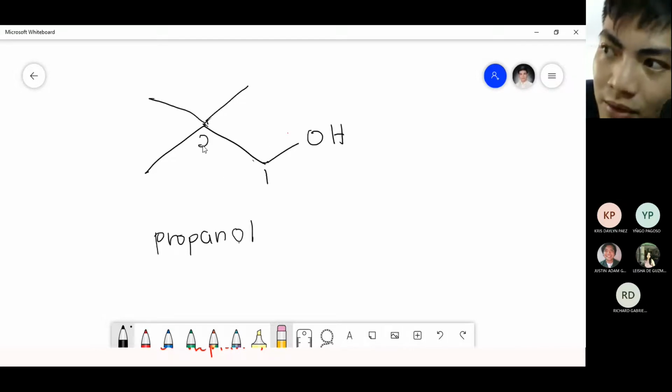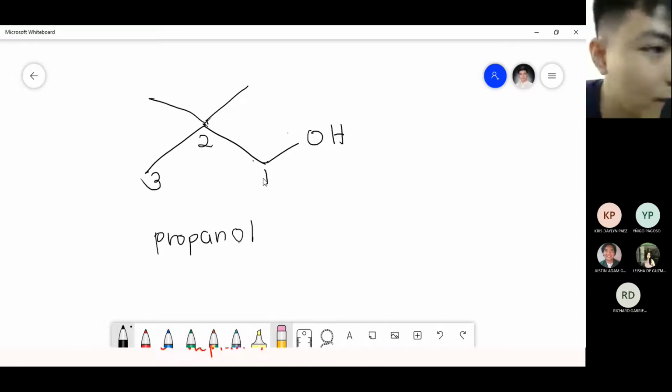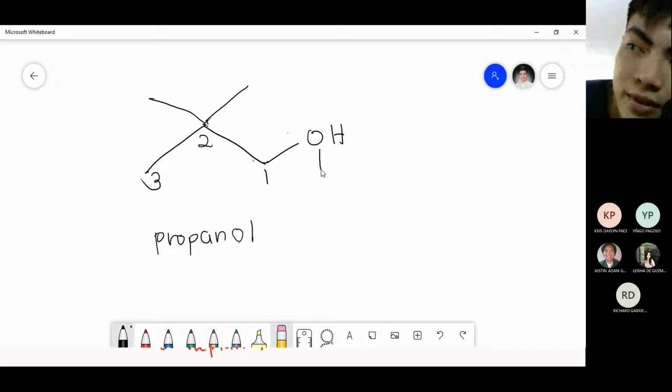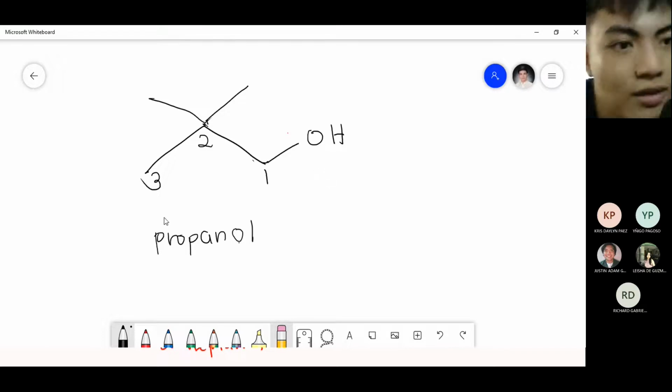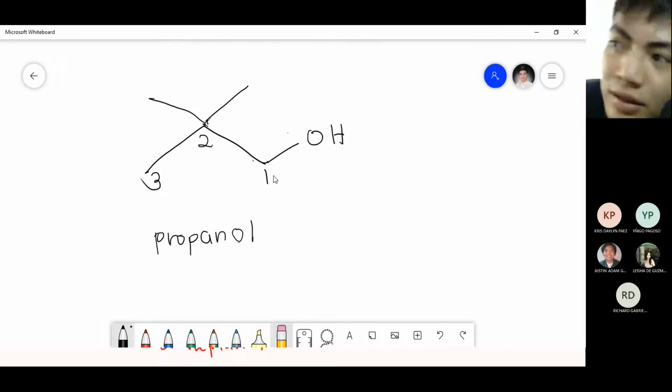So 1, 2, 3. Hindi kasama yung oxygen. Just the carbon yung start na. So ito yung carbon eh. So 1, 2, 3. Kaya nga propanol, kasi tatlo yung carbon. Okay?